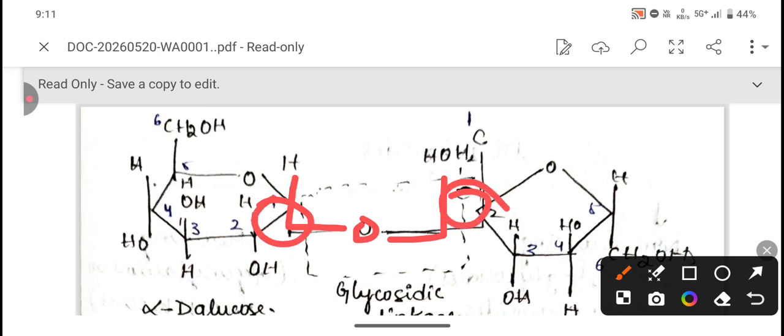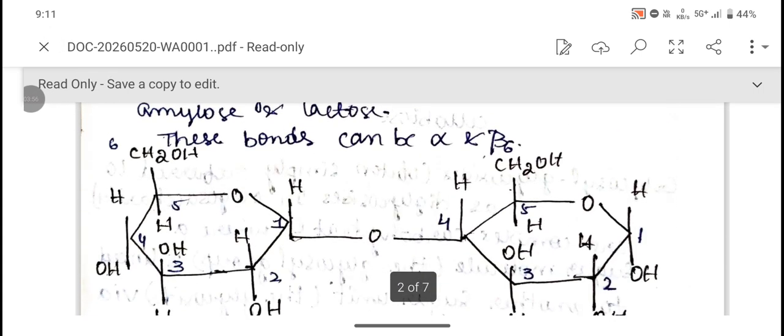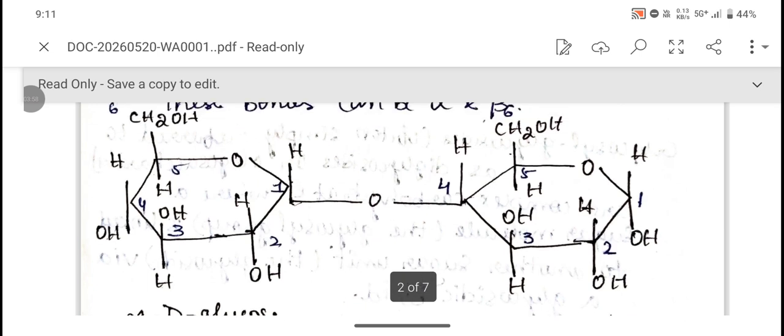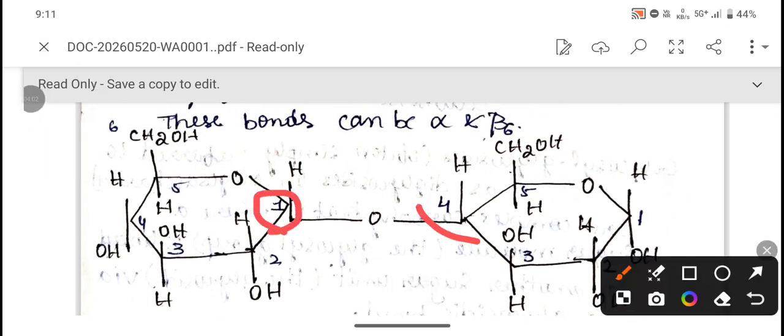In the case of C1 and C4 glycosidic linkage, you can see here this is carbon atom 1 and this is carbon atom 4, having the glycosidic bond between them. This kind of linkage can be observed in reducing disaccharides, and C1 C1 glycosidic linkage can be observed in non-reducing disaccharides.